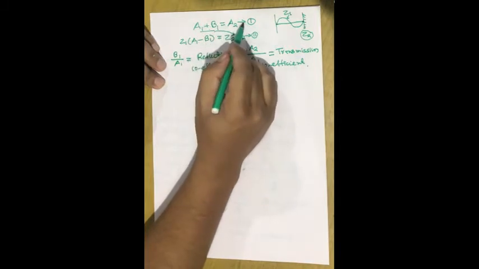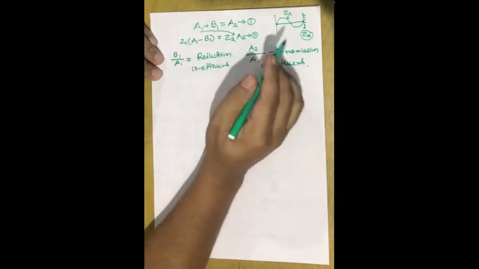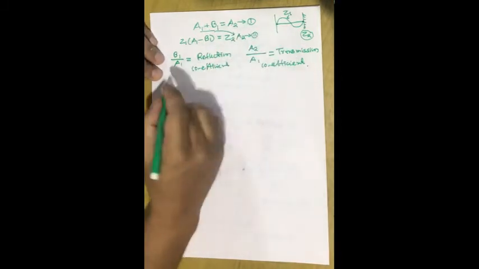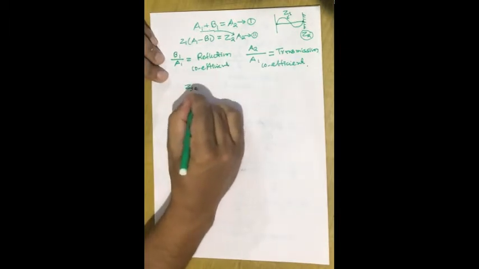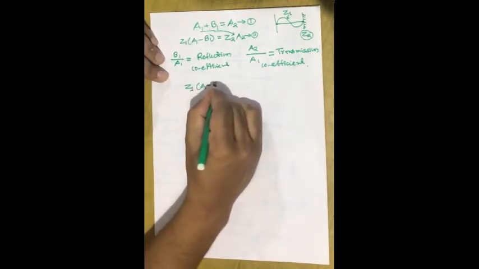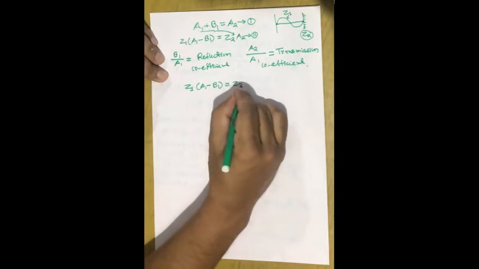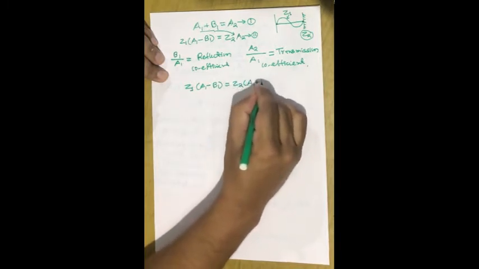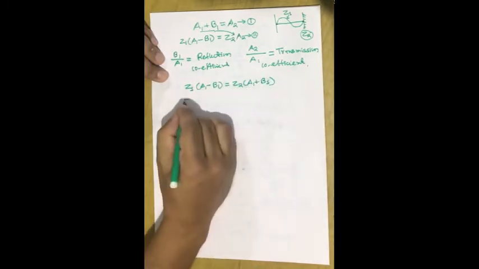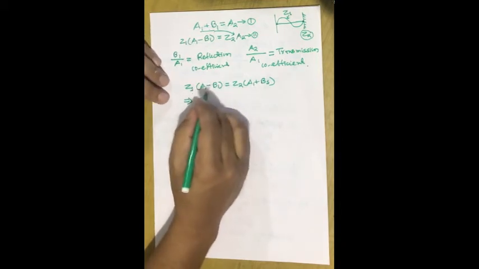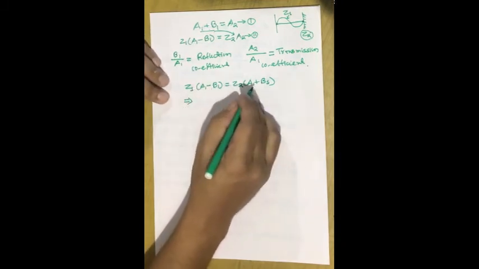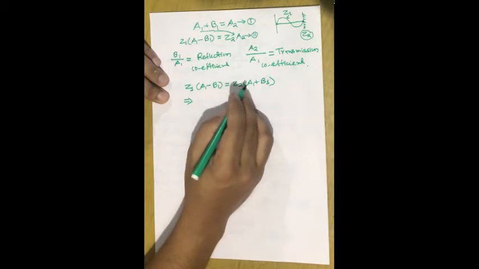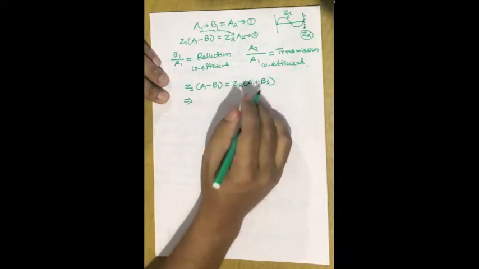So replacing the value from equation 1, we will obtain Z1 into A1 minus B1 is equal to Z2 into A1 plus B1. Now I am going to take this factor common.